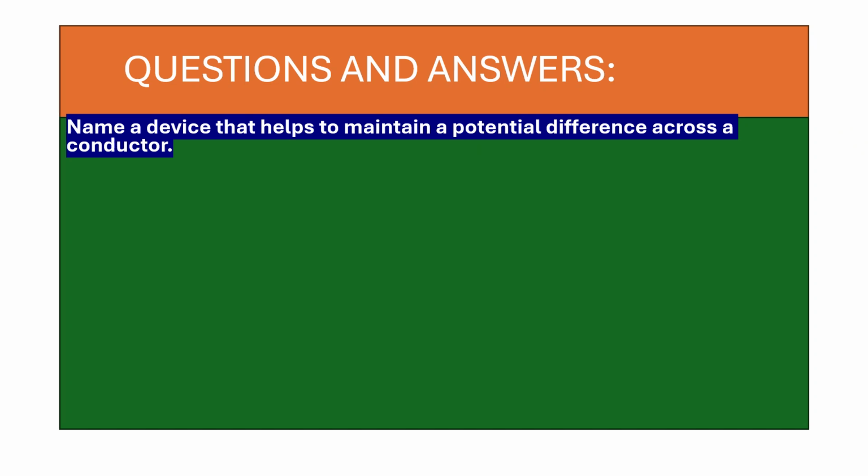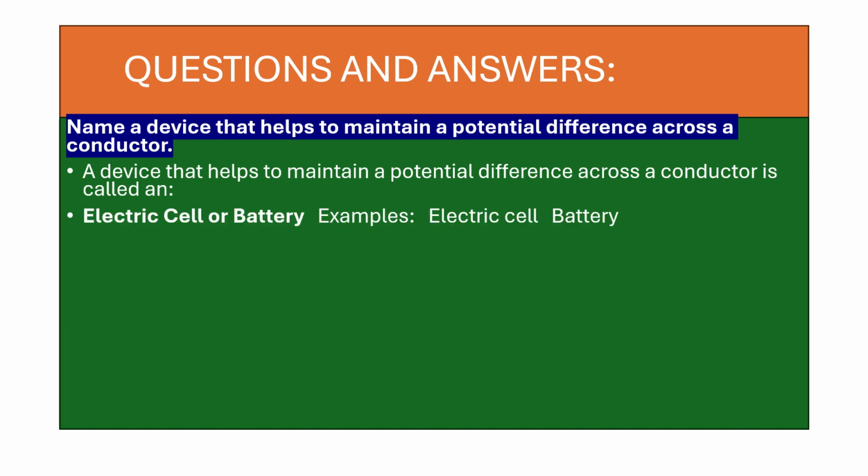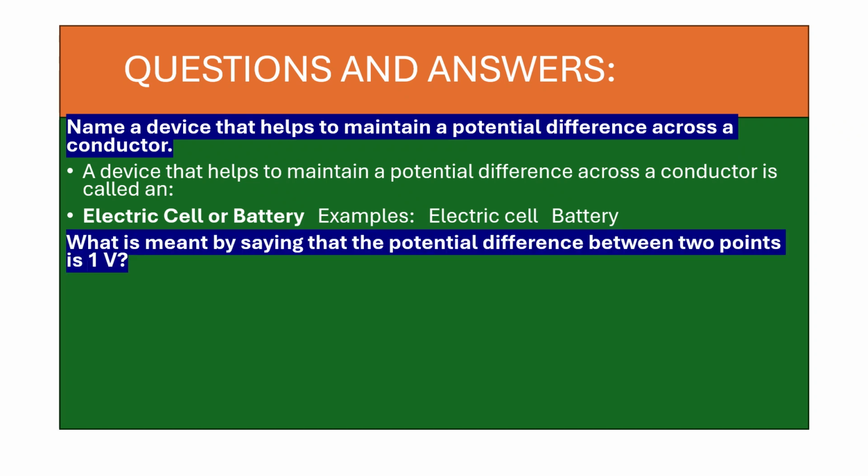Name a device that helps to maintain a potential difference across a conductor. A device that helps to maintain a potential difference across a conductor is called an electric cell or battery. Now, what is meant by saying that potential difference between 2 points is 1 volt? Children, this is a very important question. So pause the video and try to figure it out.